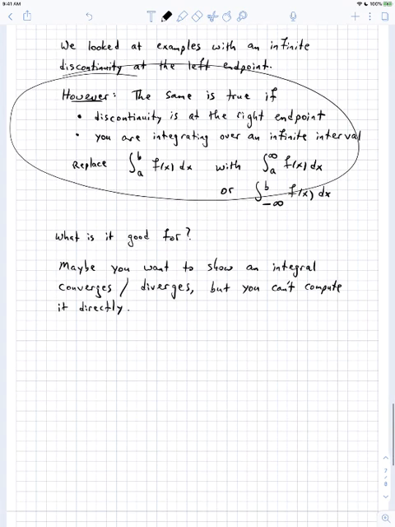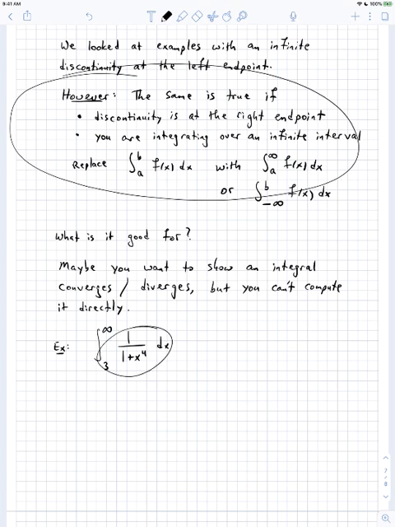So let's look at an example. Suppose that we wanted to show that the integral of 1 over 1 plus x to the 4, dx, from 3 to infinity converges or diverges.